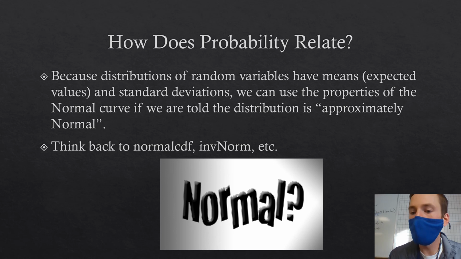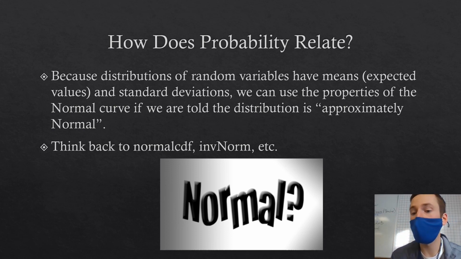So where are we going with this? This is our last slide on this video. If you remember way back, it was Unit 1, we talked about the normal curve. We saw that there's some really useful properties when it comes to the normal curve. In fact, if we can use the normal curve, we want to, because then we have normal CDF, we have normal PDF, we have inverse norm, all those really handy calculator functions.